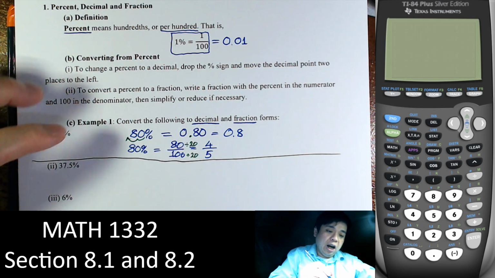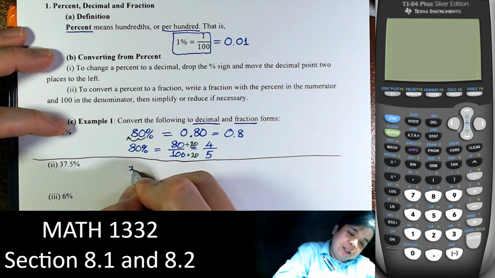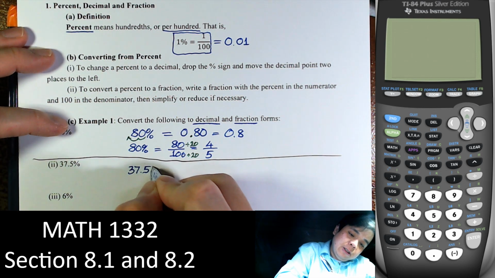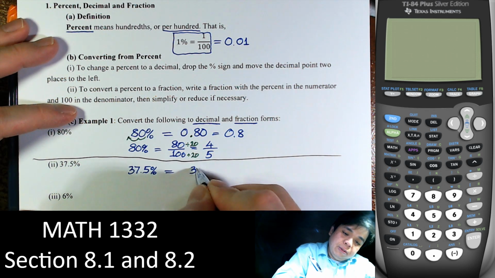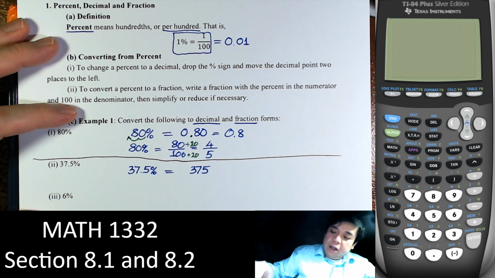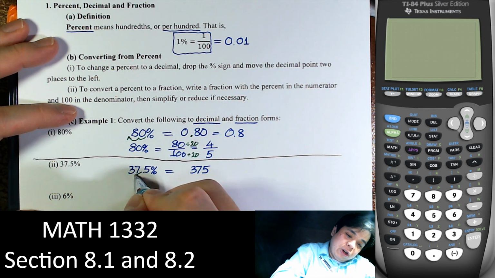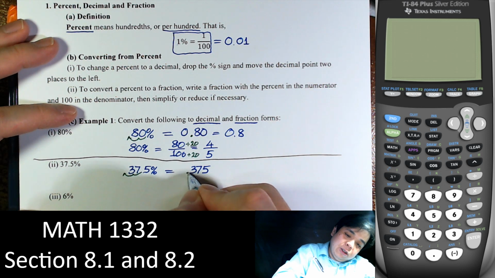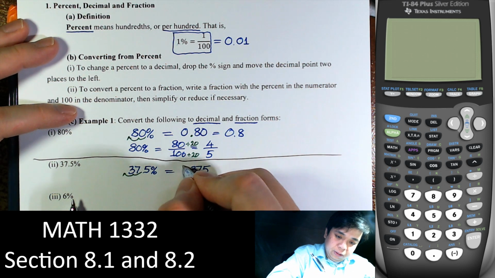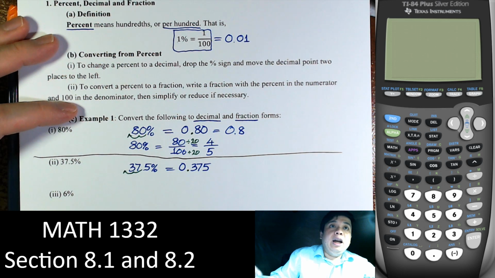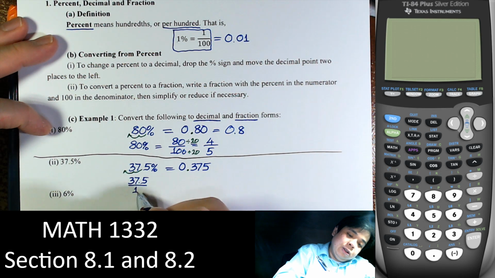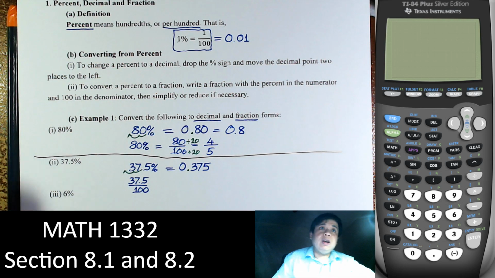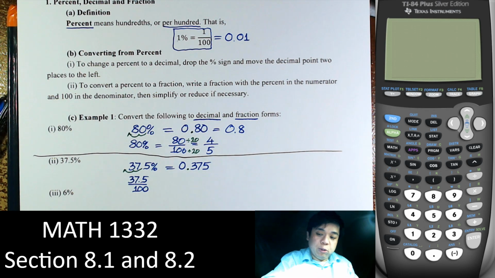Next, 37.5%. Now if we convert to decimal, 2 places to the left, 1, 2. And if we want to write this as a fraction, before we simplify we have to get rid of the decimal.